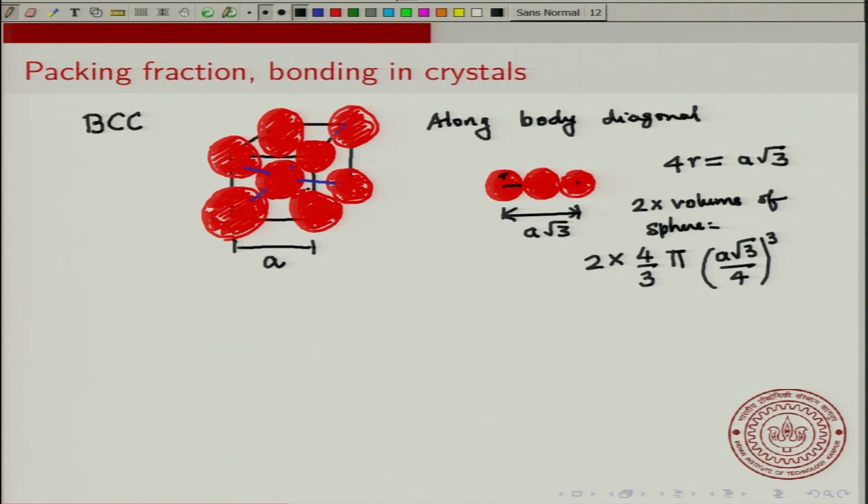So we say that the volume of atoms is this quantity, and you can write this as root 3 pi by 8 multiplied by a cube.